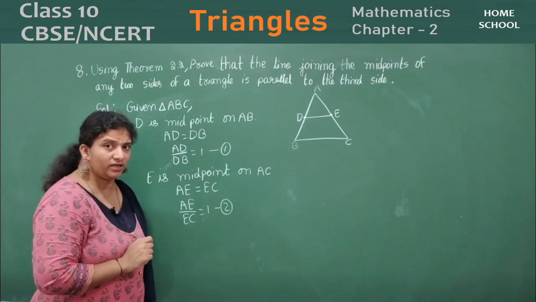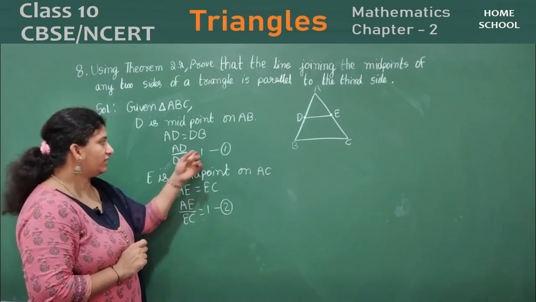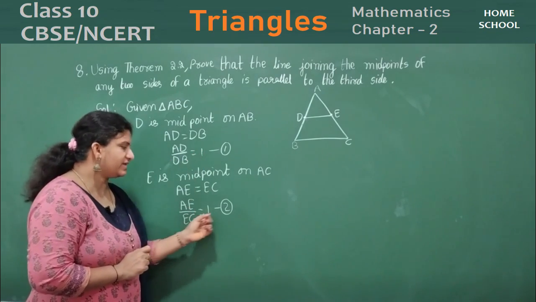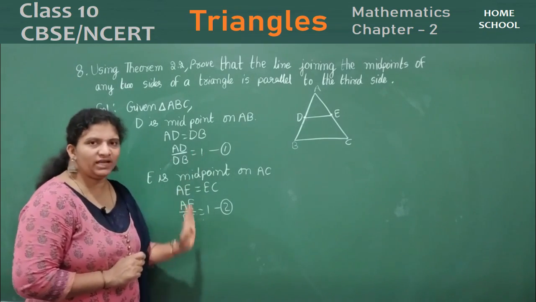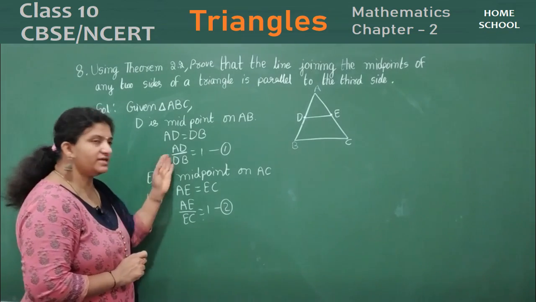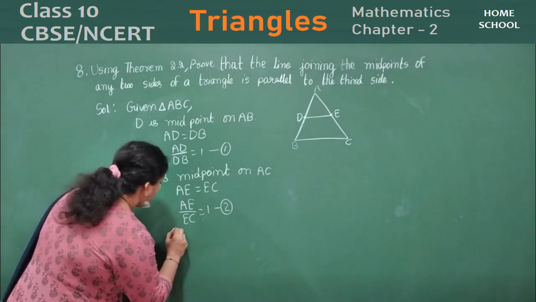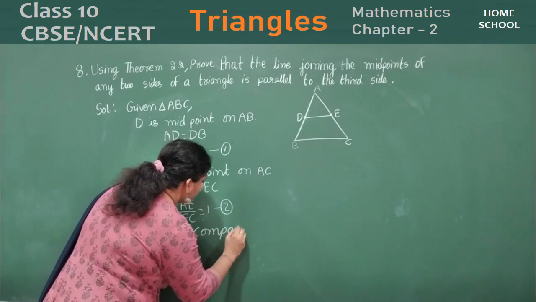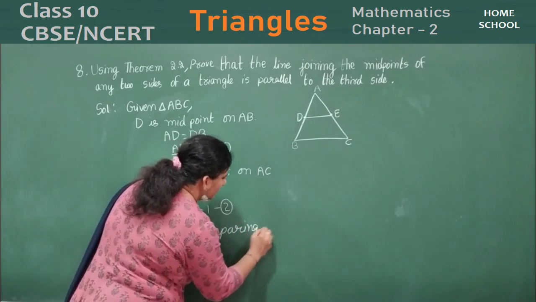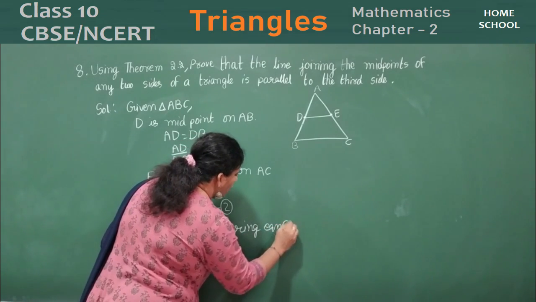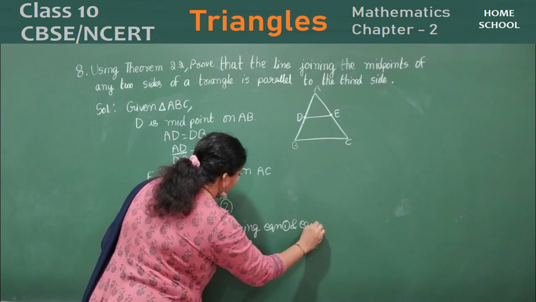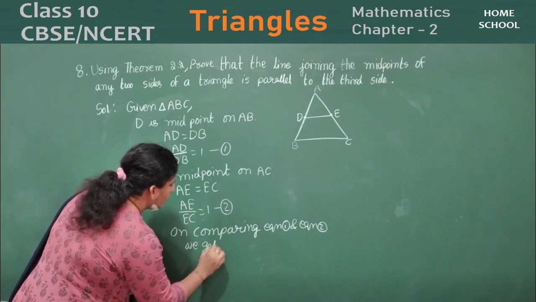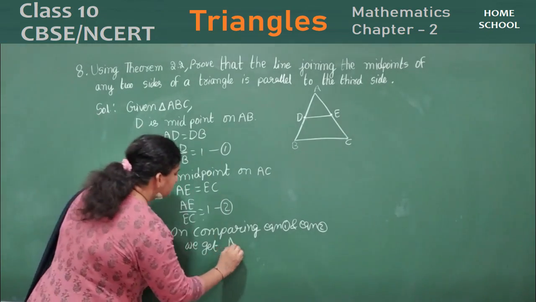Now compare these two equations. What is common? When you equate, 1 is common. If this is equal to 1 and this is equal to 1, you can equate these two ratios. On comparing equation 1 and equation 2, we get, what do we get here, children?